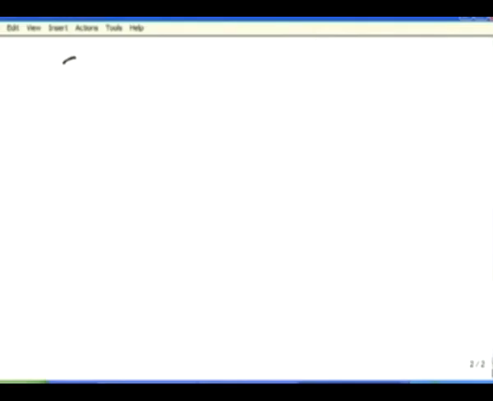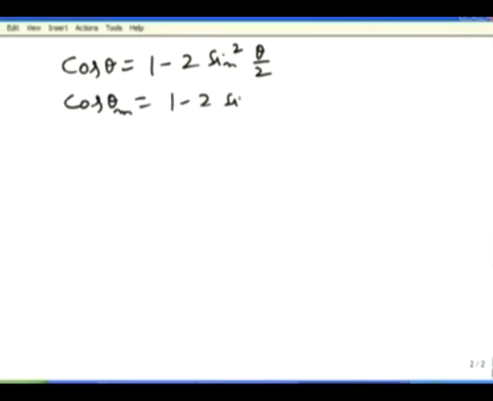Now, cos theta can be written as 1 minus 2 sin square theta by 2. Similarly, cos theta m is equal to 1 minus 2 sin square theta m by 2.